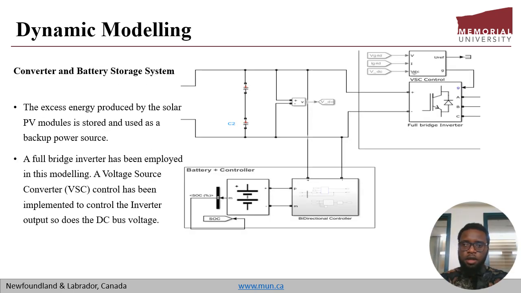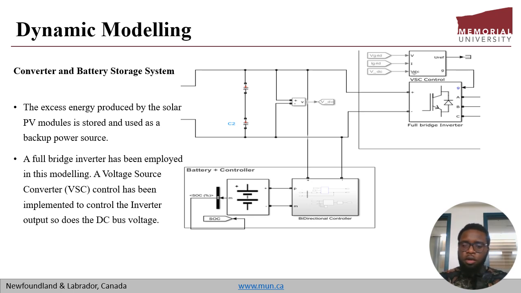We are now in the section where we are talking about the converter and the battery storage system. It features a bi-directional battery charging controller, and this controller also serves to make sure that the battery state of charge is maintained when the state of charge is dropping. The bi-directional controller will take the excess power from the PV to charge the batteries.